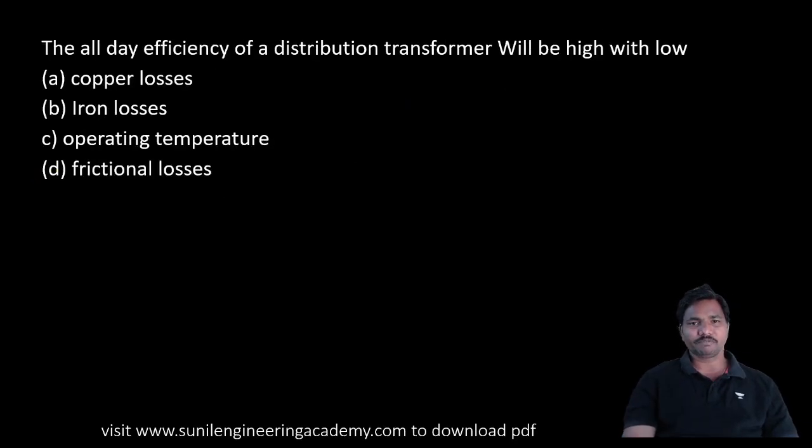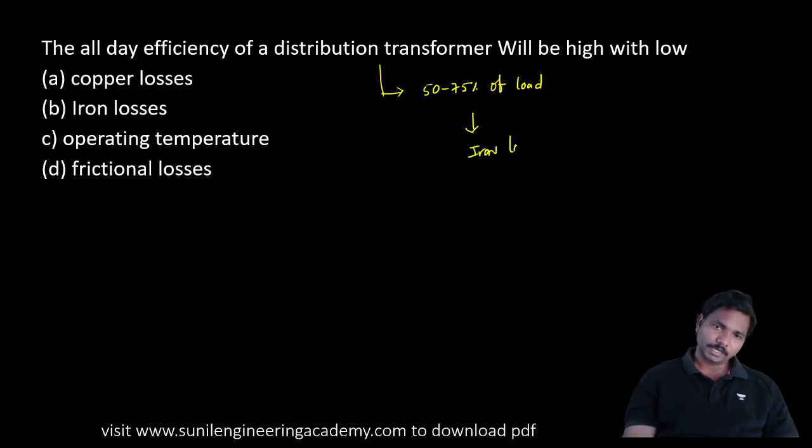The all-day efficiency of a distribution transformer will be high at low load. A distribution transformer is generally operated at 50 to 75% of the load. So that means here iron losses dominate, as less load means iron losses are dominated.